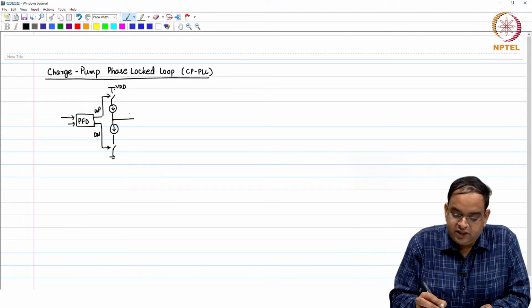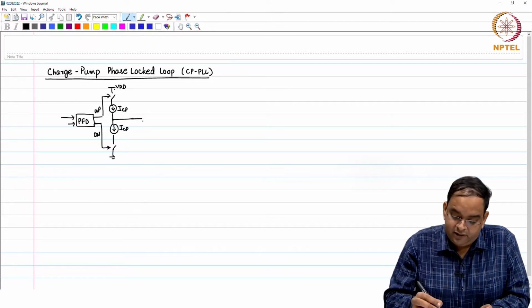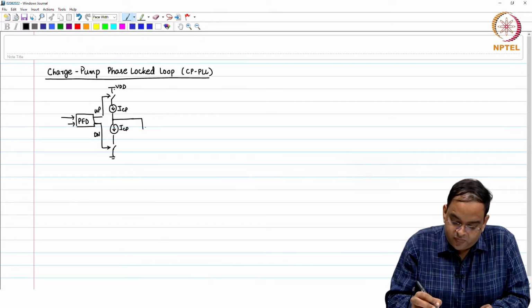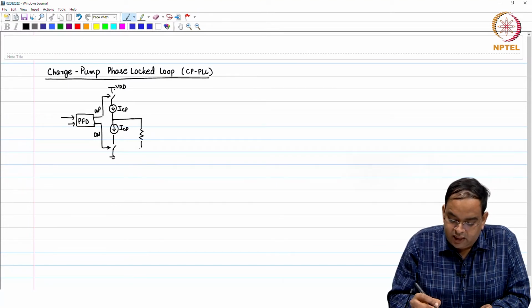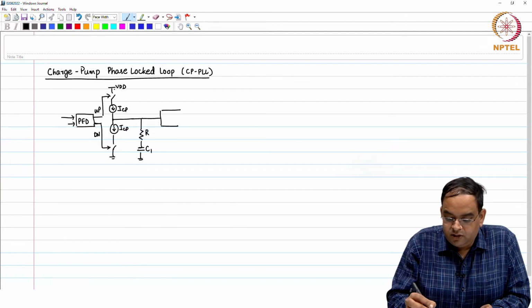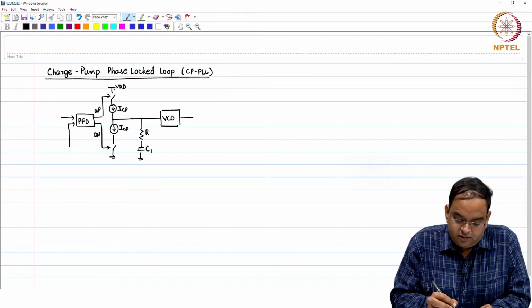The output of the charge pump here is the current ICP in caps, and you have a loop filter, R and C1. This loop filter output is connected to the oscillator in this manner.